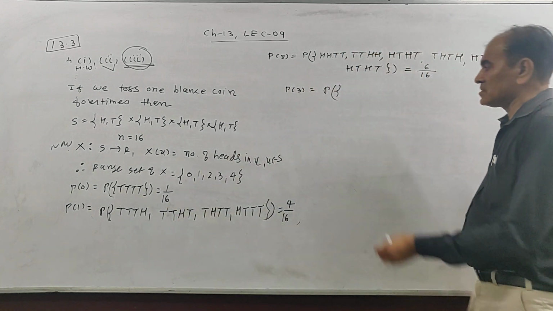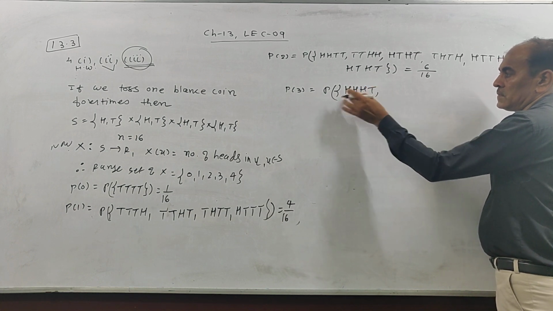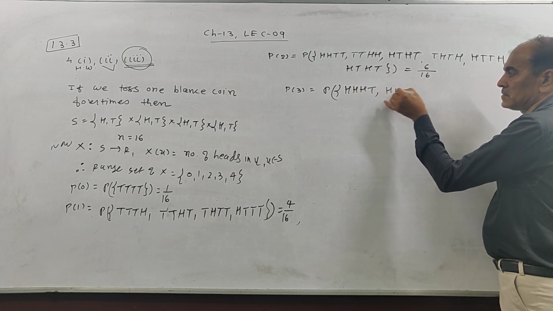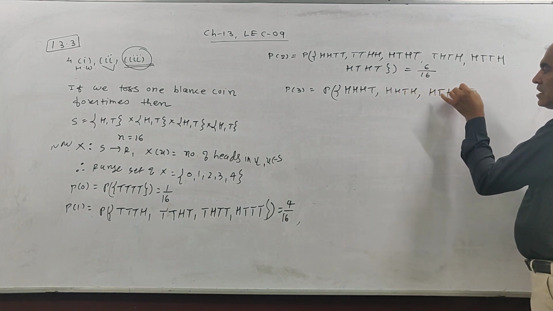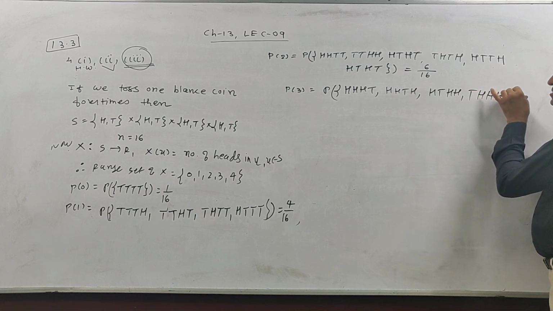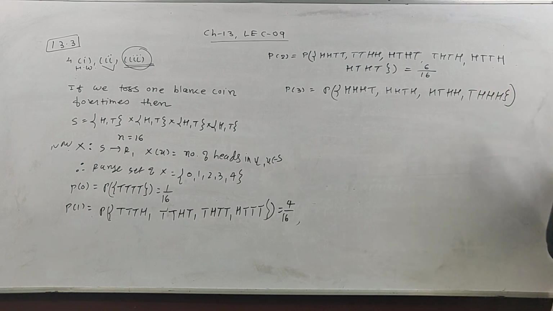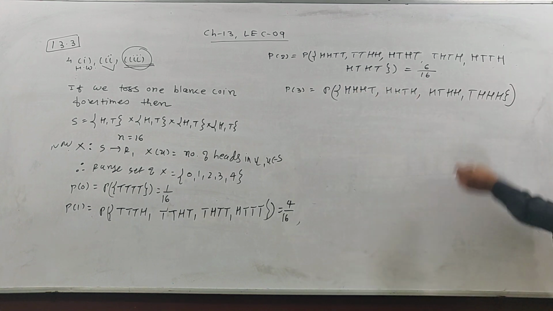Now let us see 3 heads. How many observations are there? HHHT, HHTH, HTHH, THHH. How many observations are there? 1, 2, 3, 4.